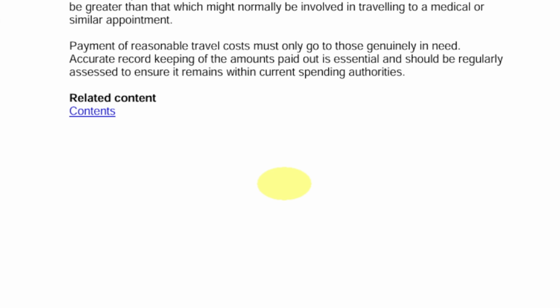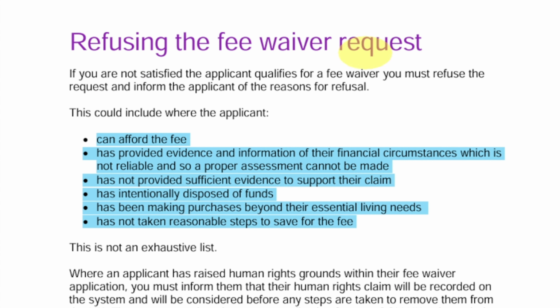And if we go down, refusing the fee waiver request. This could include where the applicant can afford the fee. They can refuse your request on the basis that the applicant has provided evidence and information of their financial circumstances which is not reliable, and so a proper assessment cannot be made. This is the most common reason for refusal when they refuse your request.